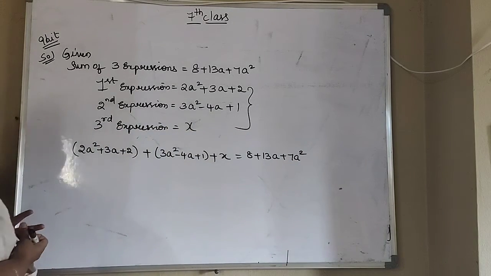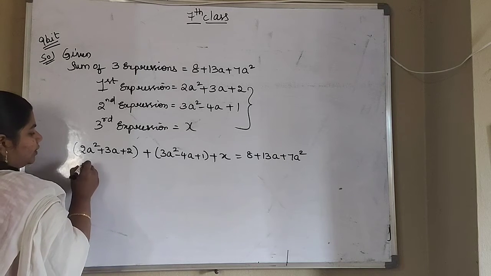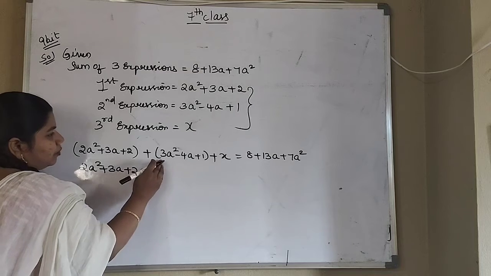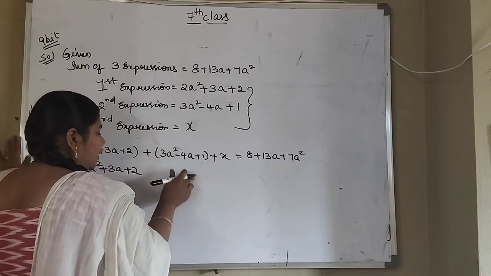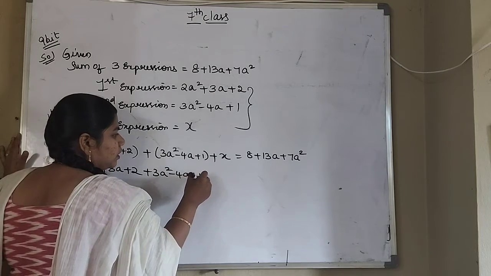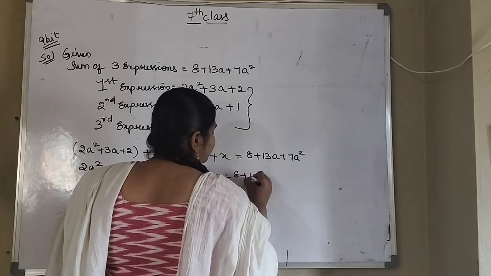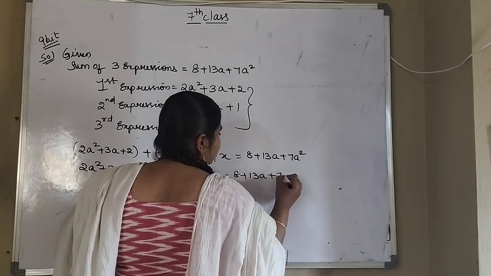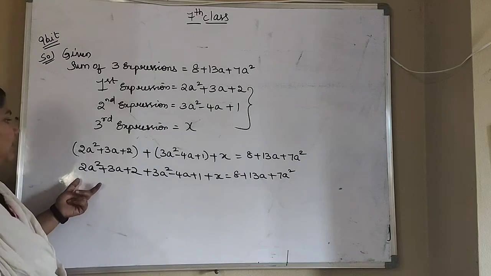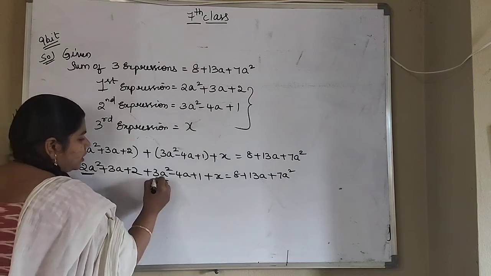Now remove the brackets. Before the bracket you have a plus sign, so write as it is. Plus x is equal to 8 plus 13a plus 7a square. Now solve the like terms. What are like terms? 2a square and 3a square.